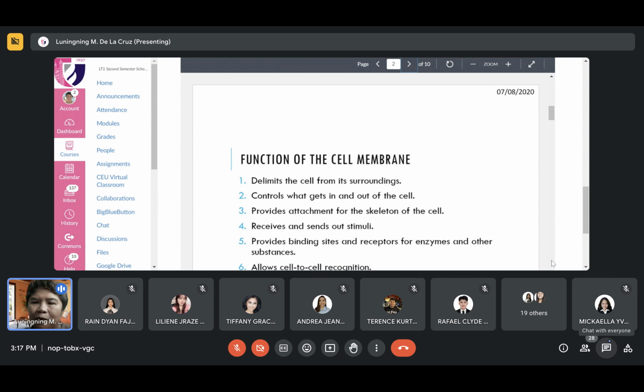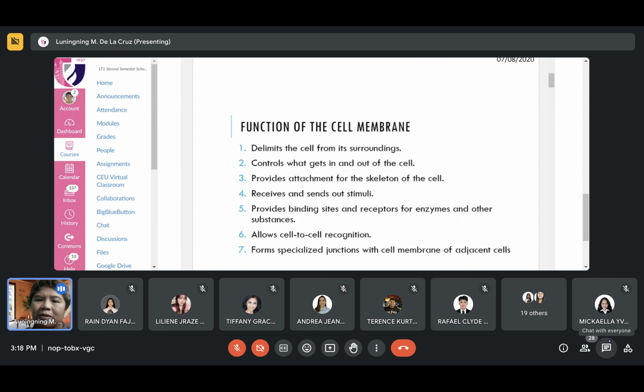It allows for cell-to-cell recognition and forms specialized junctions with the cell membrane of adjacent cells. So we will look into the cell membrane itself and its parts and how those parts contribute to the different functions of our cell membrane.